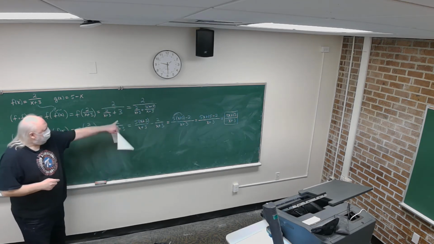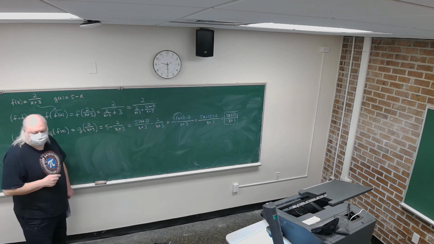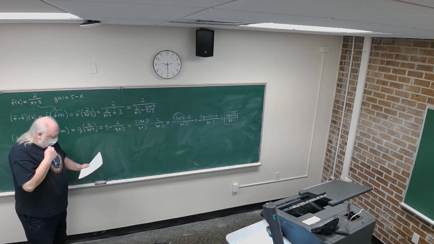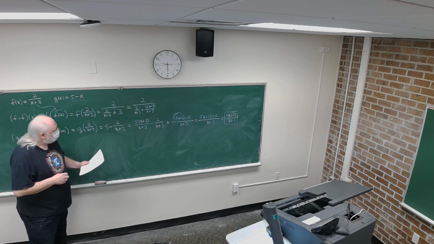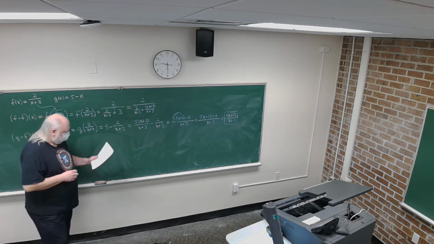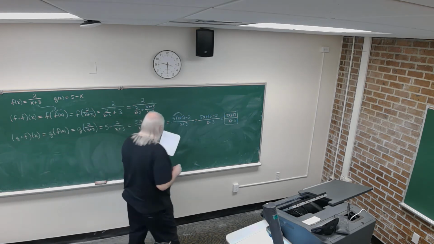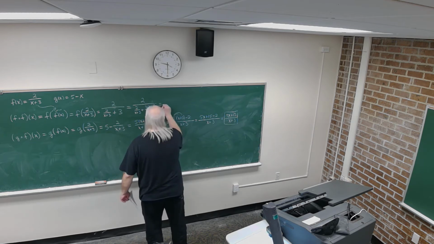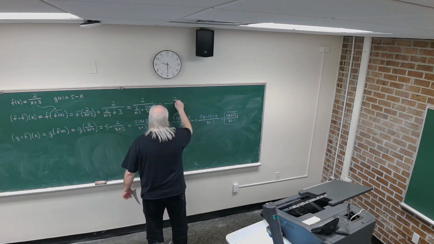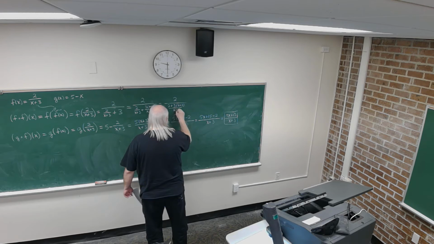Now in the main denominator, right, we're adding two quotients with the same denominator. So this is equal to 2 over 2 plus 3 times x plus 3 over x plus 3.